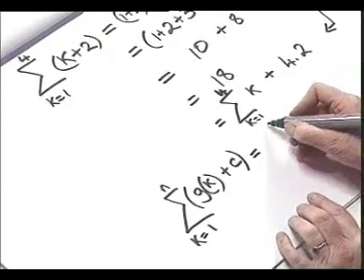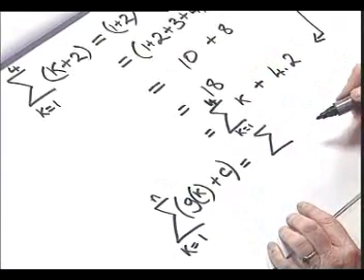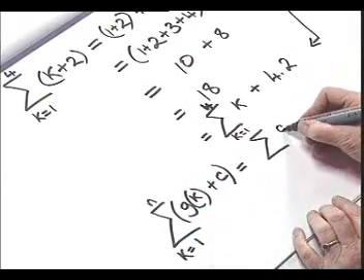The first part is sigma of the function that we started off with in our variable, and the function is g of k.